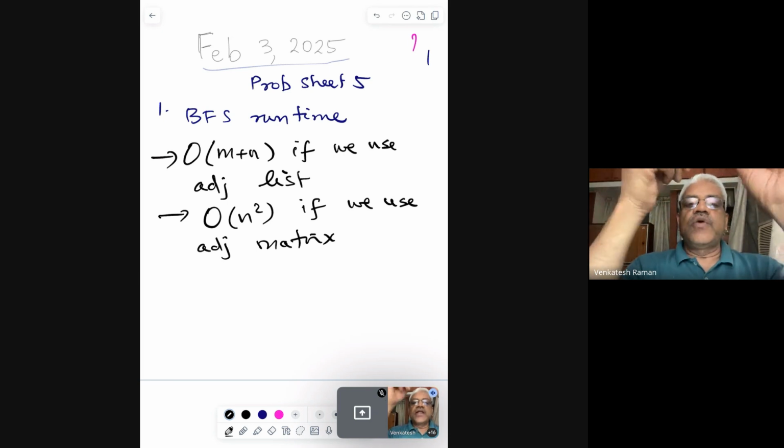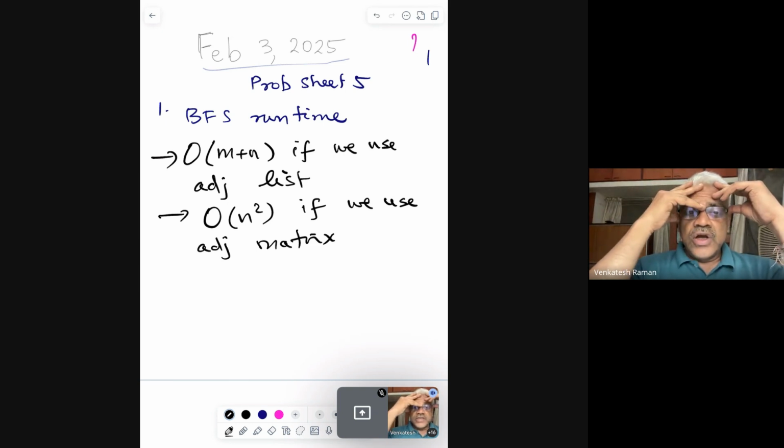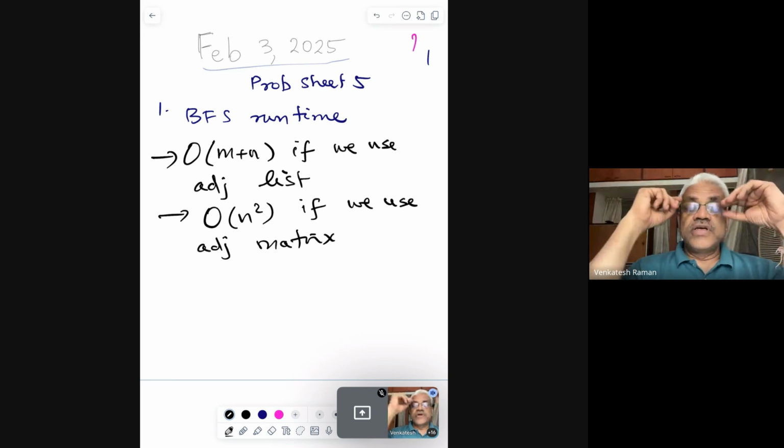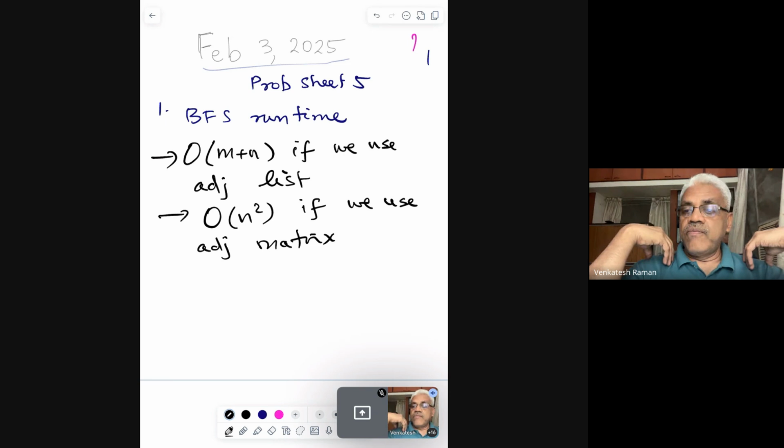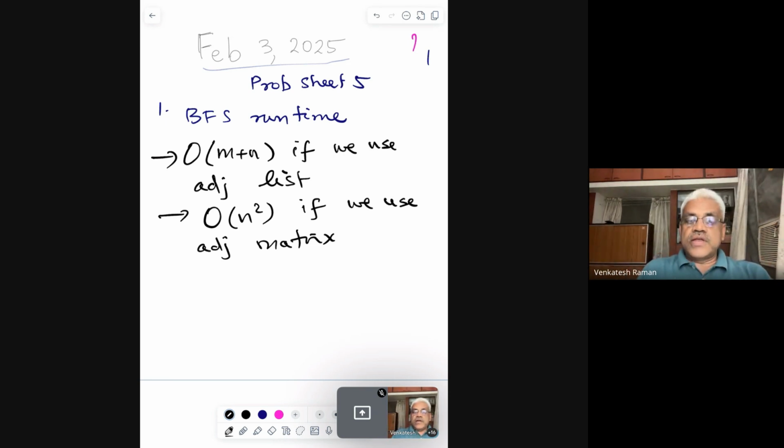In particular, you will understand it better if you consider the adjacency matrix and it's n square. So another question is, m is at most n square anyway, right? Can somebody tell me why? M, the number of edges in a simple graph, is at most n square, right? Can somebody tell me why it is at most n square?